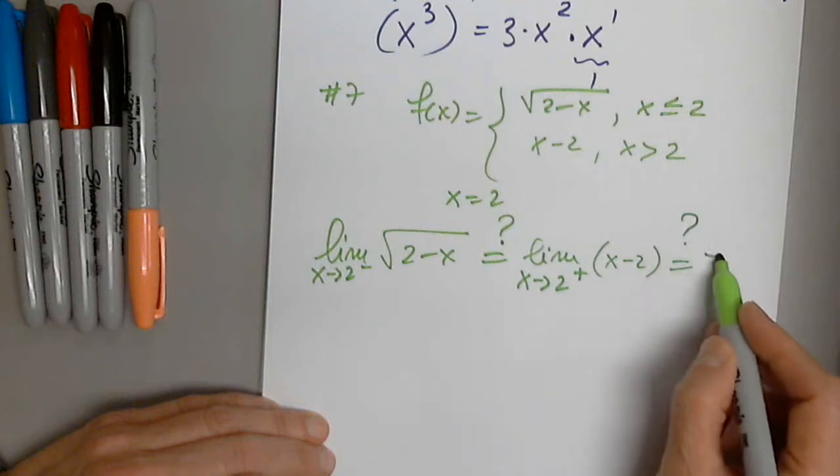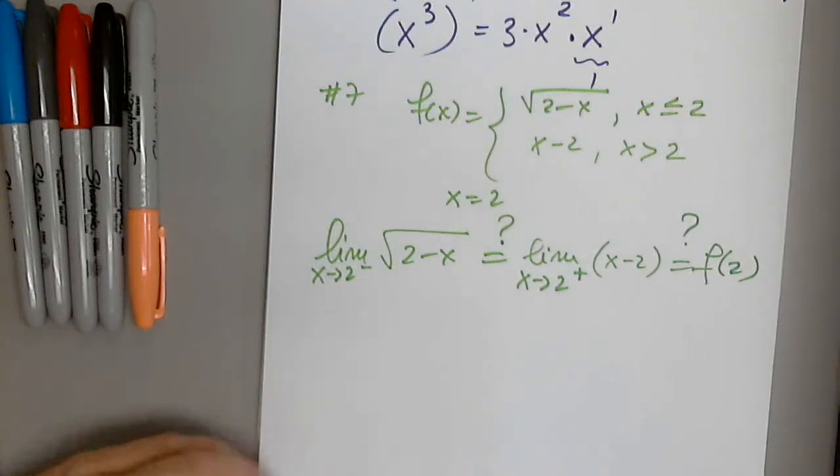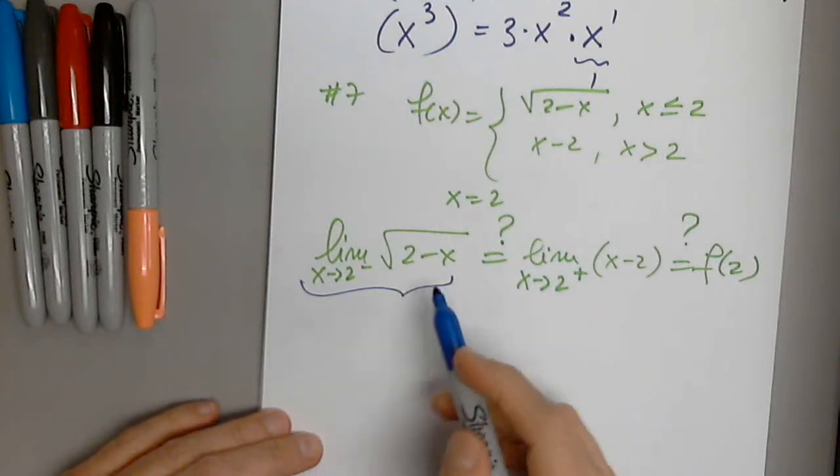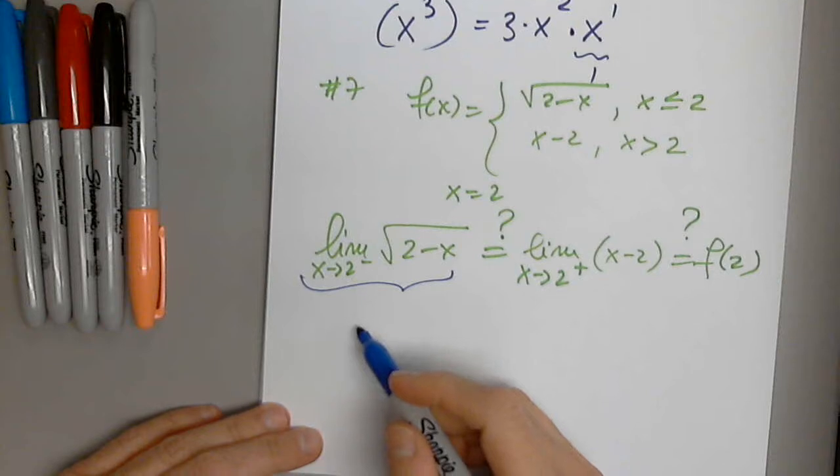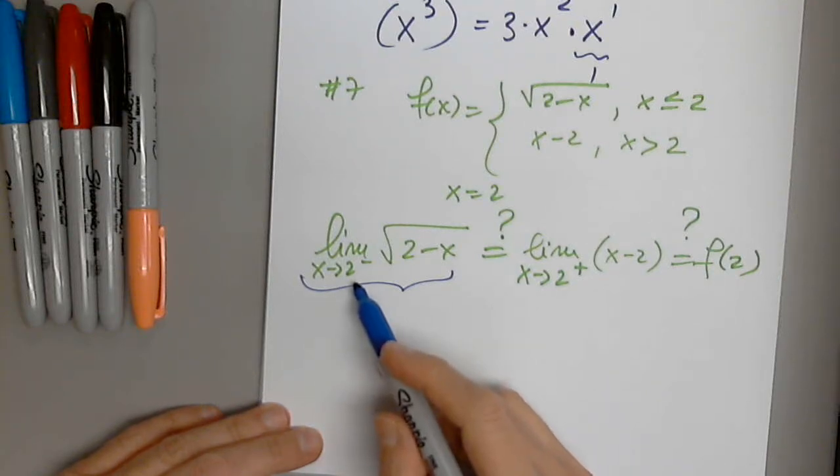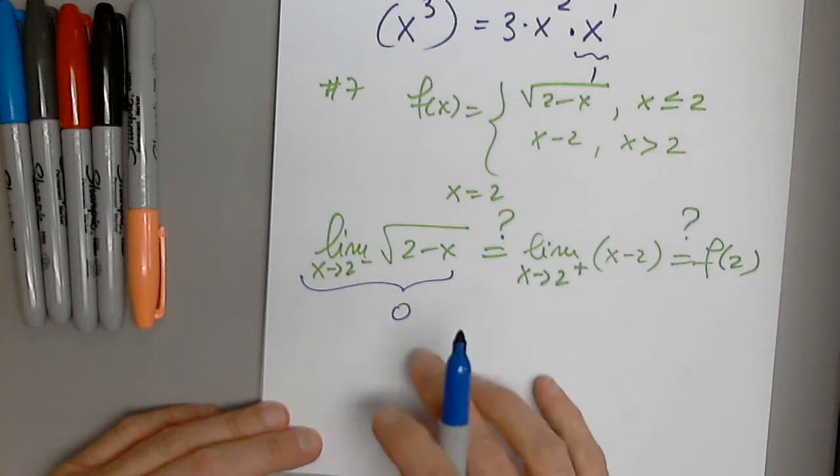And does this equal f of 2? If all these 3 numbers happen to be the same, and all those limits exist, then what will I conclude about x equals 2? The function is continuous at x equals 2. Okay, so let's find this number. How much? 2 from the left is like 1.9, so it is 0 indeed.